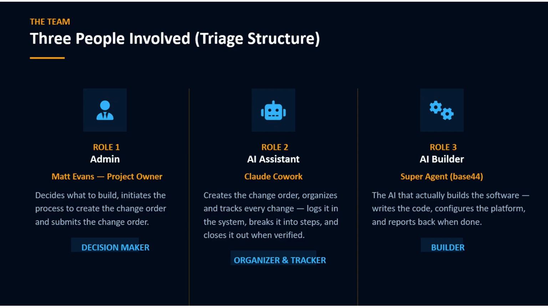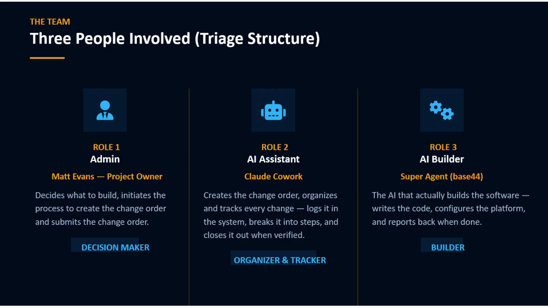So the structure in which the execution of the change order takes place has 3 players involved. Basically, you're talking about me, Matt Evans, the project manager, which we'll call role 1, admin. Then there's the AI assistant, which is Claude Cowork, in between me and the AI builder, which is role 3 on the hosting platform.